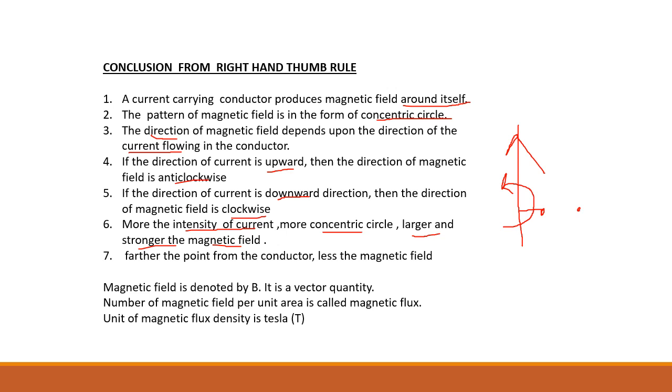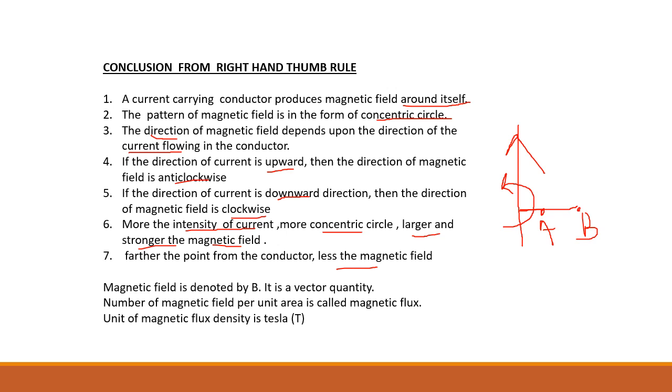Since that point is far away from the conducting wire, the magnetic strength at A will be more than the magnetic strength at B. So the farther the point from the conductor, the less is the strength of the magnetic field. So this was the conclusion drawn from Maxwell's right hand thumb rule.